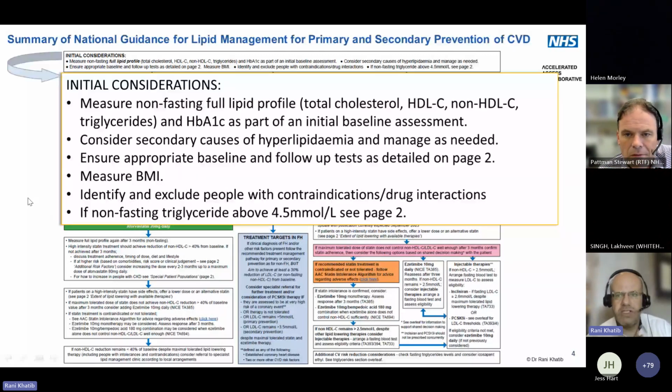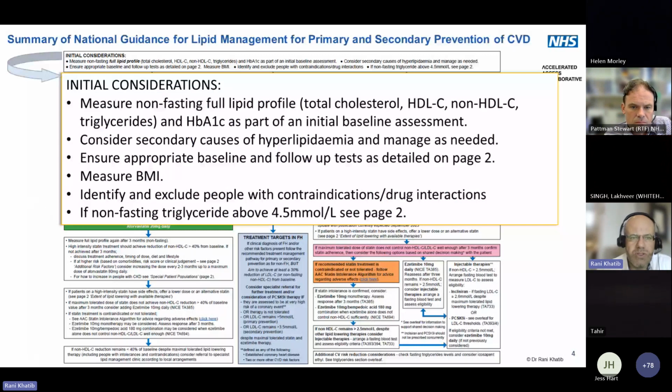The initial consideration highlights the importance of having a full lipid profile when you're assessing lipids, and not just total cholesterol. The reason for that we'll elaborate on later. So when you're trying to optimize or manage lipids, you need a full lipid profile. It doesn't have to be fasting, so a non-fasting full lipid profile to start with is important.